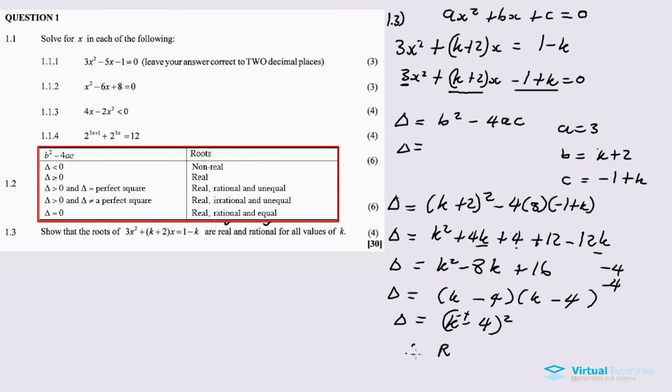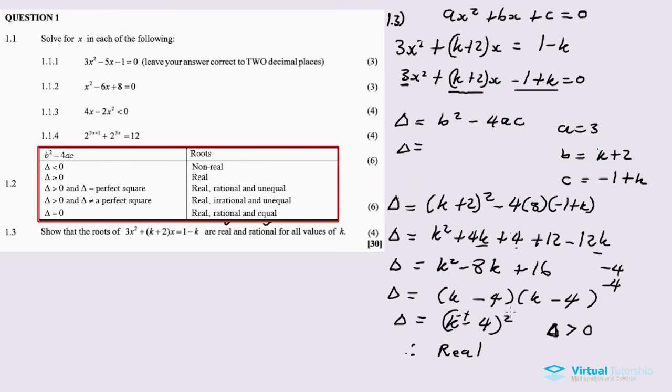Therefore, my roots will be real. How do I know? Because my discriminant is always greater than 0. The discriminant is always greater than 0, irrespective of the value of k, because of the square.